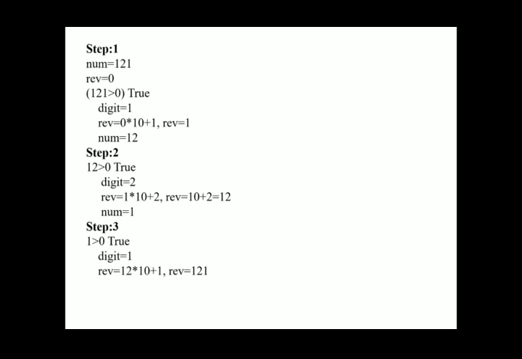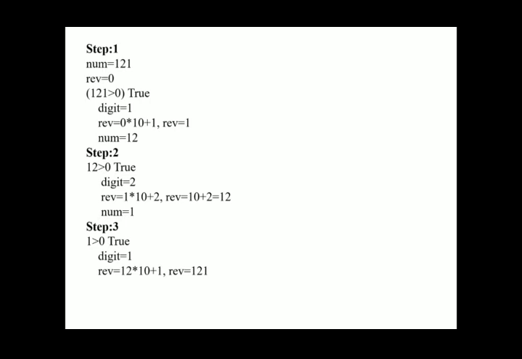Now in order to find the current num value, we need to divide the num value by 10. That is, we need the quotient value. So the quotient will be 12. This is considered the current num value, and with this value the process can be repeated.